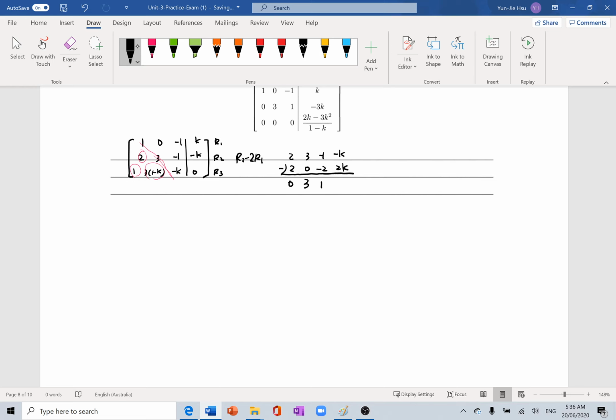Negative k minus 2k becomes negative 3k. Then I rewrite it, alright. I get 1, 0, negative 1, k. So row 2 now becomes 0, 3, 1, negative 3k.